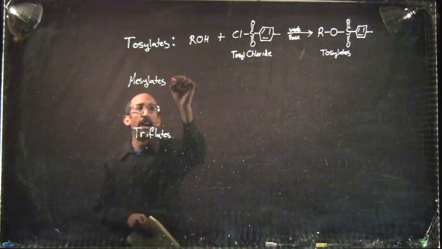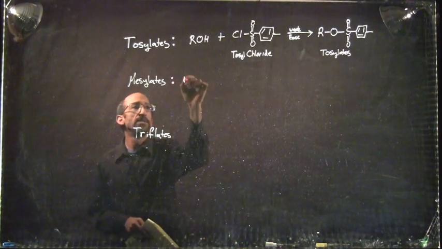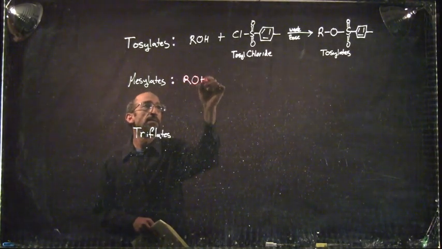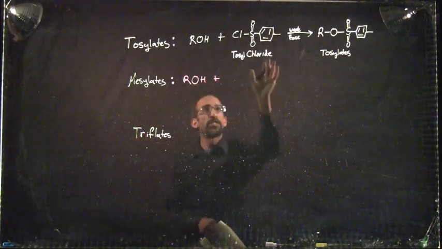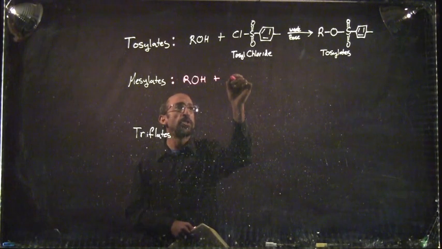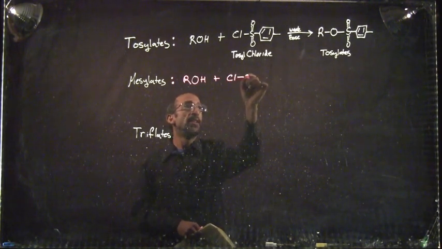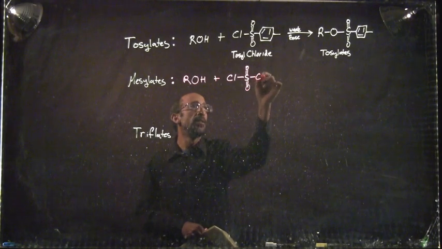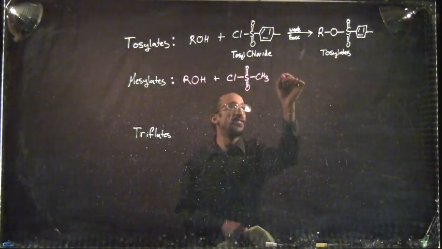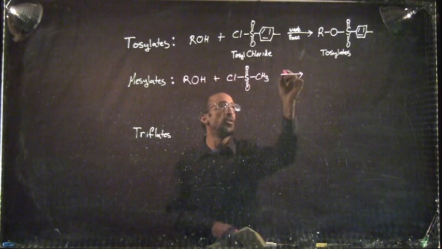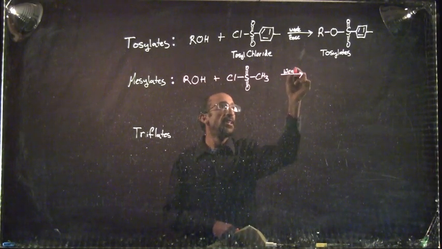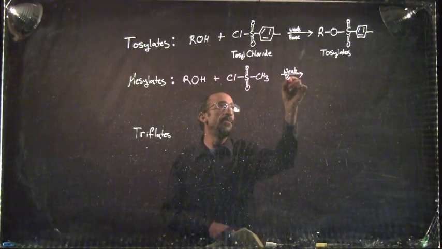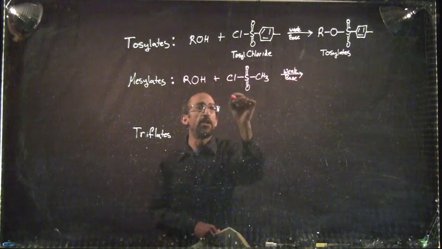Again, we're going to start with an alcohol. This time, however, instead of tosyl chloride, we're going to use what's called mesyl chloride. It has a very similar structure to tosyl chloride. We have similar reaction conditions where we use a weak base, either pyridine or triethylamine.